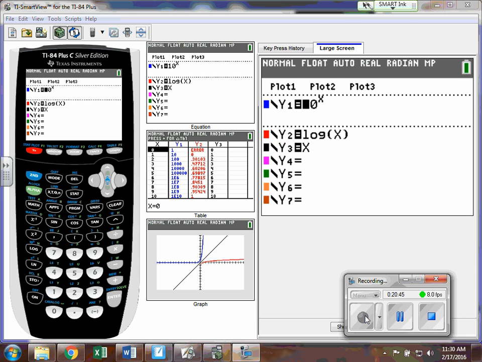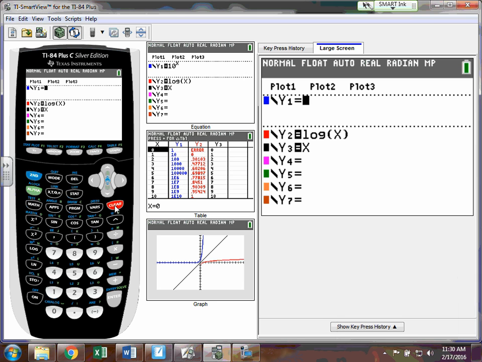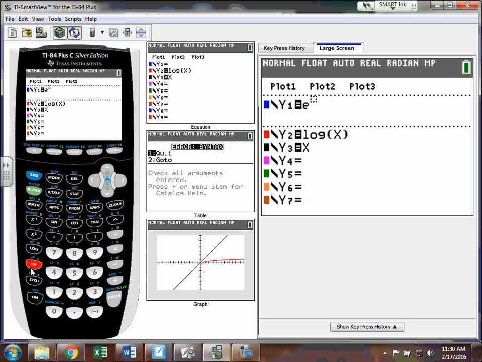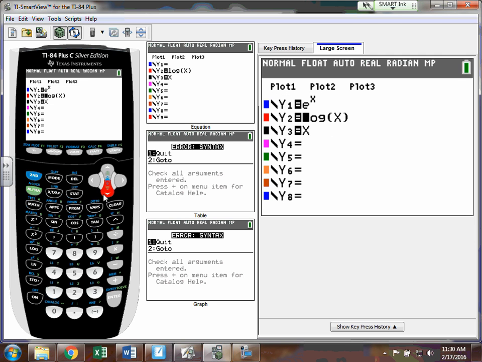All right, so we're going to switch this one. Please notice where those buttons are located. Right beneath the log, we have the ln button here. Located in the blue, you should be able to see the e to the power button. So there's e to the x.